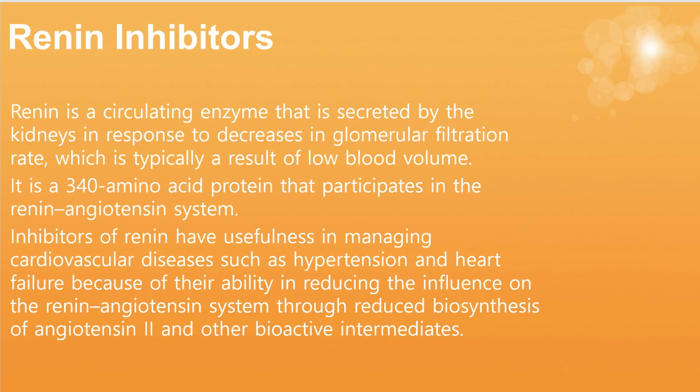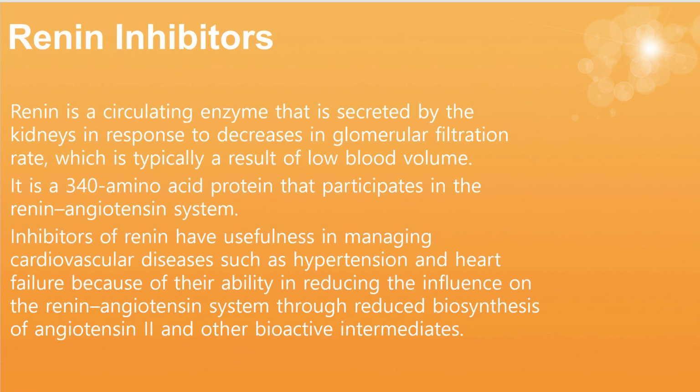All right, so another class of compounds are the renin inhibitors. Renin is a circulating enzyme that is secreted by the kidneys in response to decreases in glomerular filtration rate, which is typically a result of low blood volume.